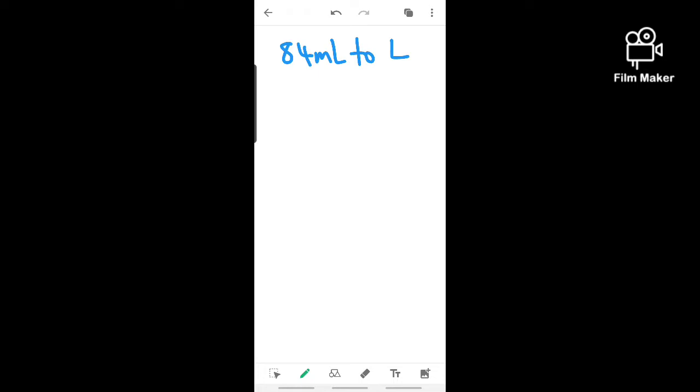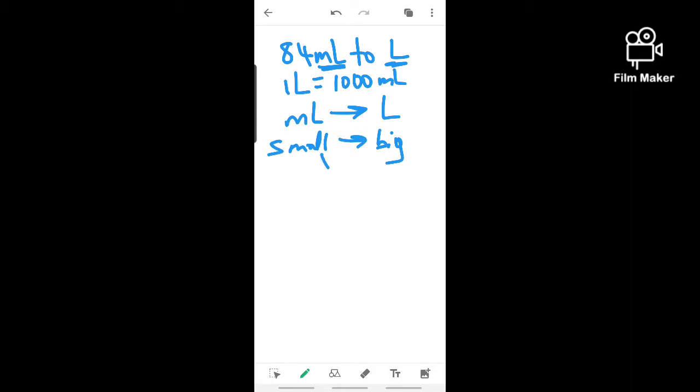Once again, we know the relationship between milliliters and liters is that 1 liter is equal to 1,000 milliliters. So if we wanted to convert from milliliters to liters, we know right away that this is a smaller unit to a bigger unit. So anytime we have a small to a big, we're simply going to divide.